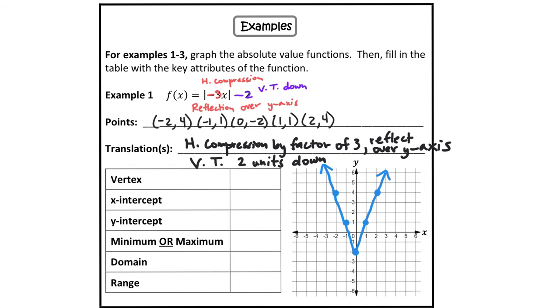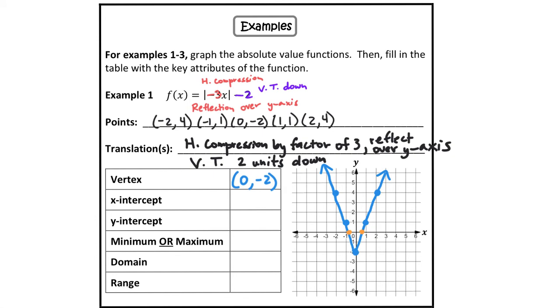And so the next question would be, what's the vertex? So the vertex is right there. What's the location? It's at 0, negative 2. Are there any x-intercepts? Yeah, there's an x-intercept here and here.